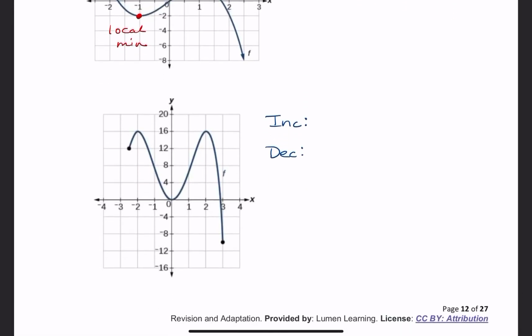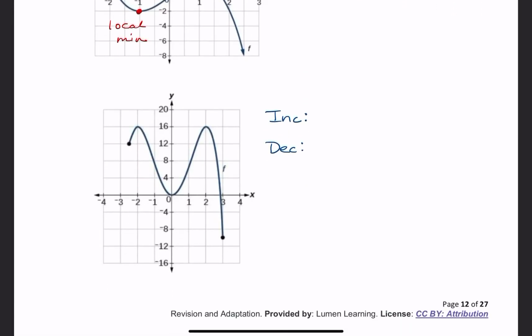Okay, our last graph, we're going to say it's increasing here on this part. Notice we're on an interval. It's not going to infinity, but we still have an increasing part there and an increasing part here. So we're increasing from about -2.5 to -2, and then union, we're also increasing from 0 to 2.